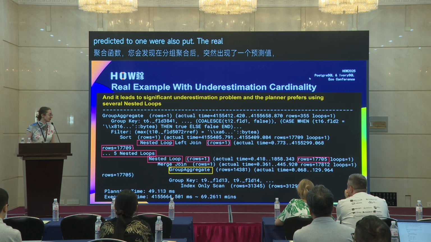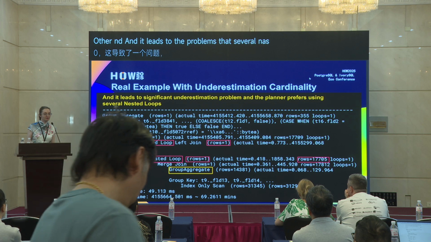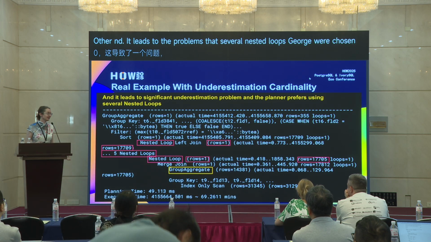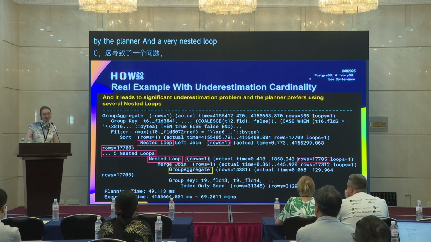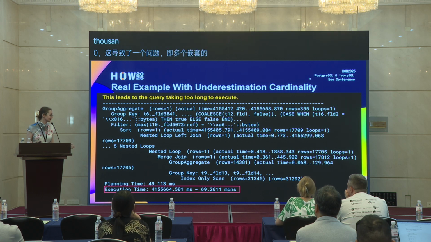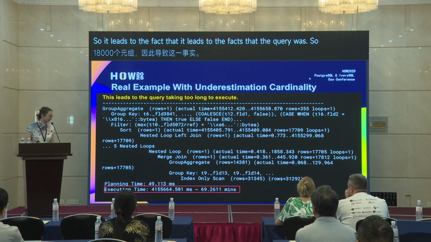And it leads to the problem that several nested loops were chosen by the planner, and every nested loop tried to process 18,000 tuples. So the query was executing for 1 hour.